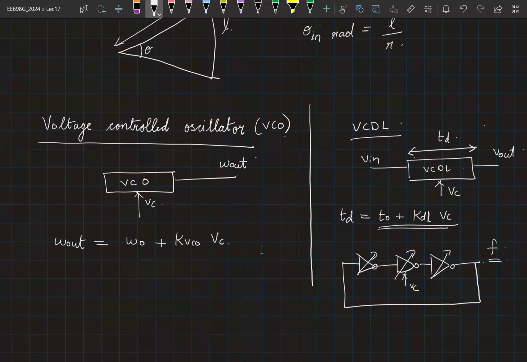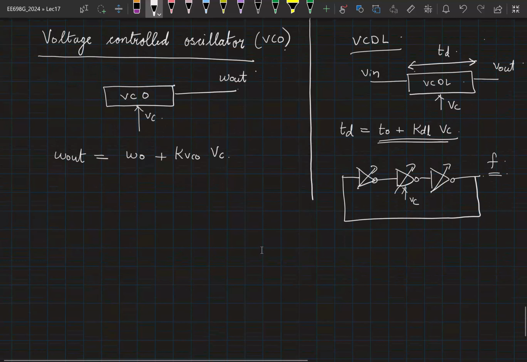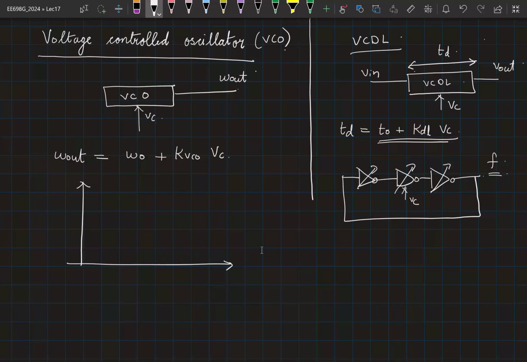So omega out is omega naught plus kVCO into Vc. It's easy to visualize this in a diagram. I am plotting omega out versus Vc. There is some initial frequency omega naught and then a line like this where the slope is kVCO.